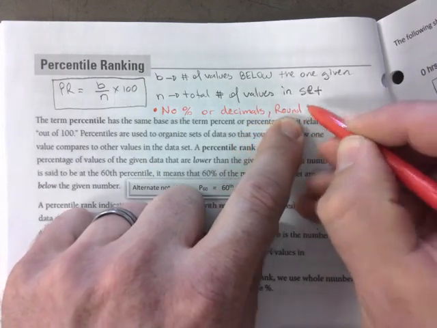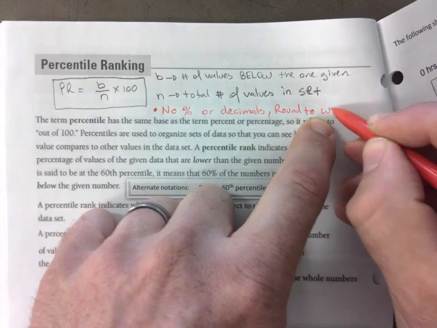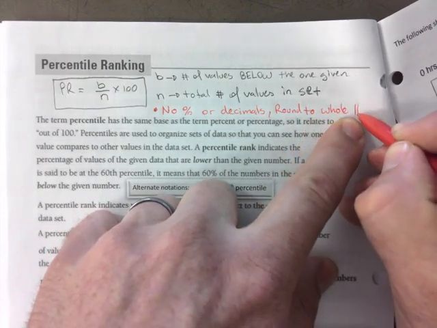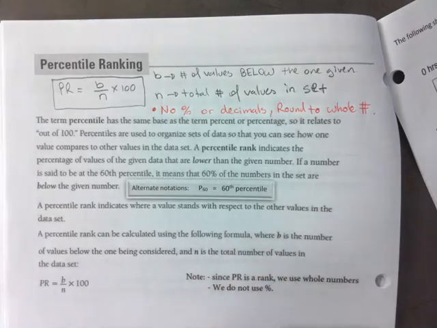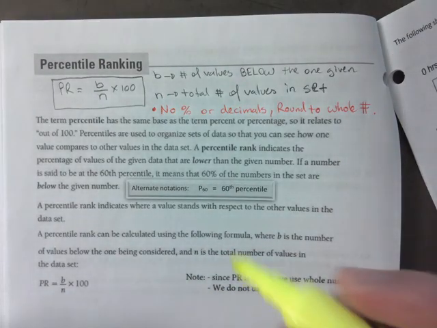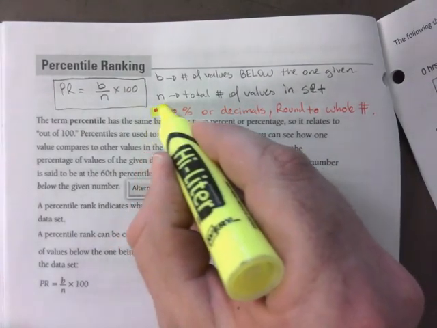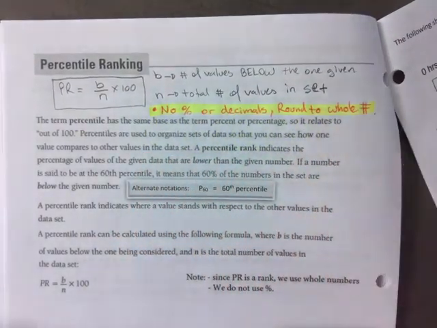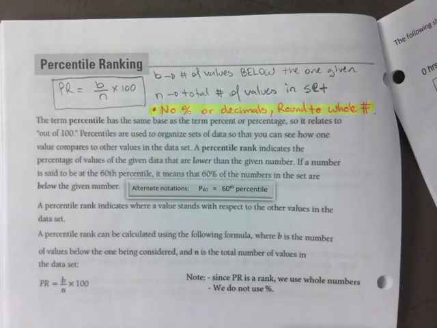Round to whole number. So if you don't do this part, I think you lose a full mark for omitting this. So make sure your study sheet has the formula, but also has that little note that you cannot have percentage and you cannot have decimals.